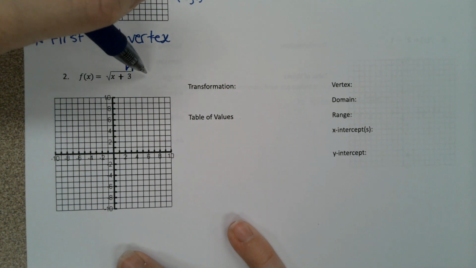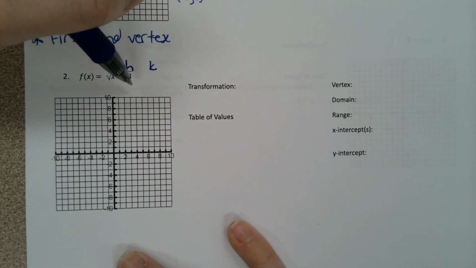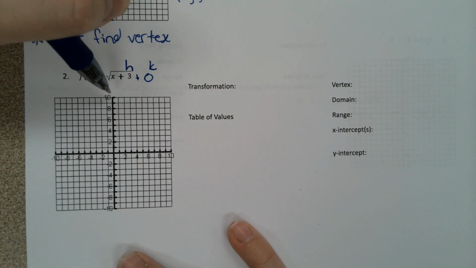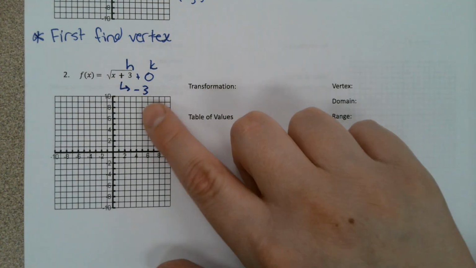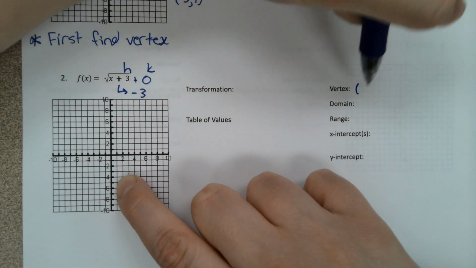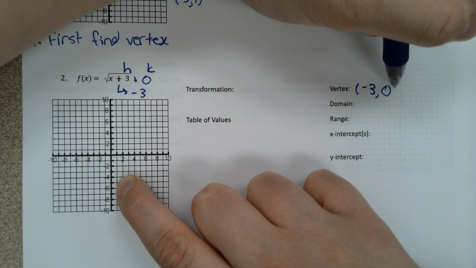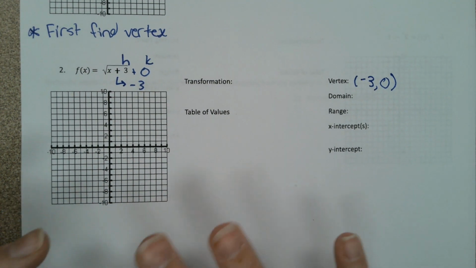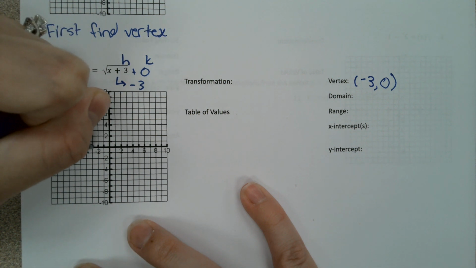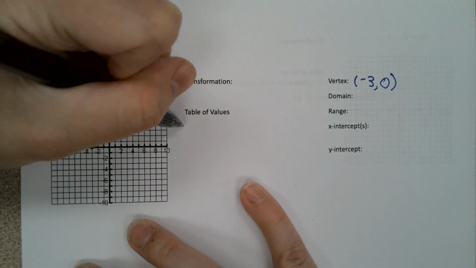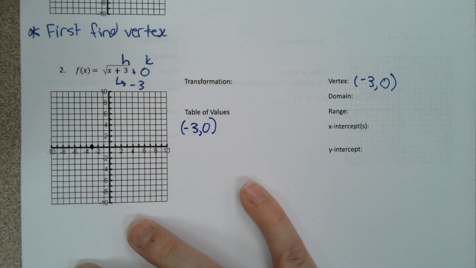So we got our h and k. Again, there's no k, so that means k is 0. And then the h, we mentally change this to a -3. It says plus, it's a -3. So my vertex is -3, 0. So I'm going to plot that right here. So I have -3, 0.